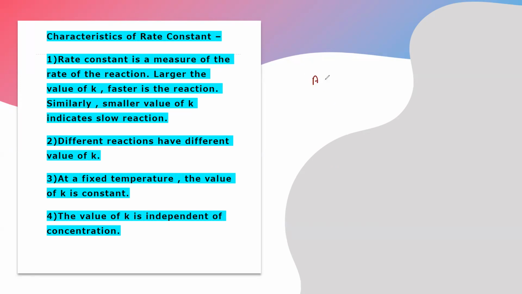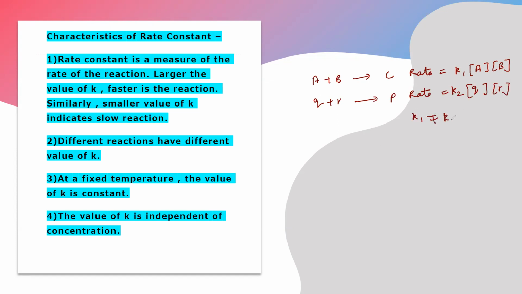Suppose you have a reaction A plus B giving rise to C and Q plus R giving rise to P. So the rate of the reaction for this would be K1 concentration of A and concentration of B. For this one, the rate would be K2 concentration of Q and concentration of R. K1 won't be equal to K2. They are different. Fine.